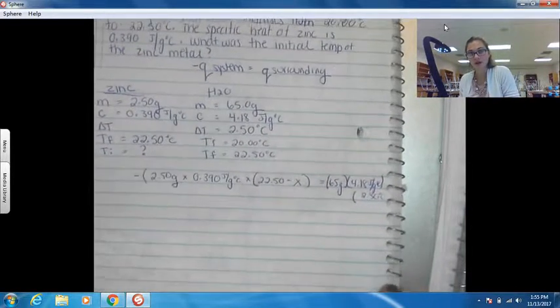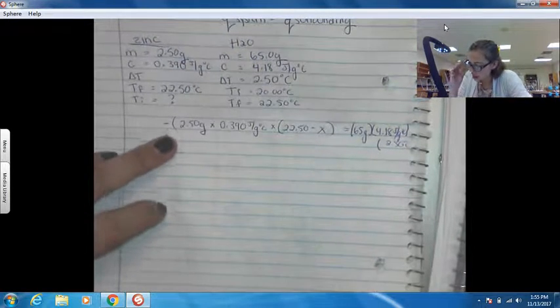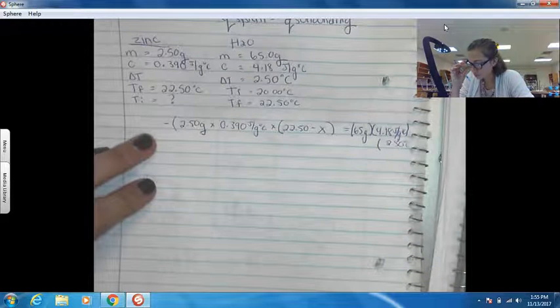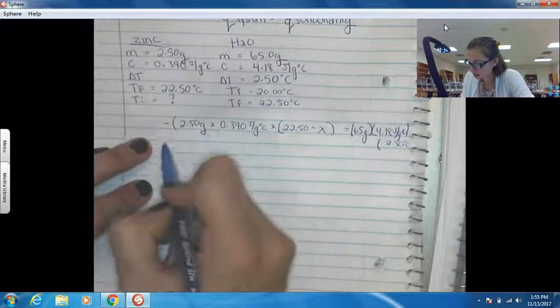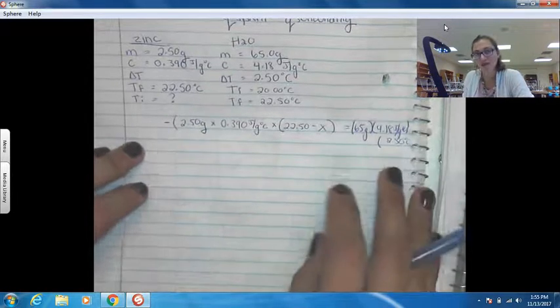Okay, so we want our X by itself. So I think the easiest way to do this is divide both sides by -1, right? Because we want to get rid of this negative.